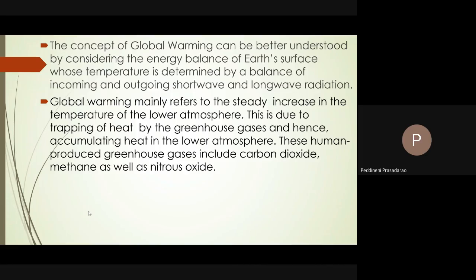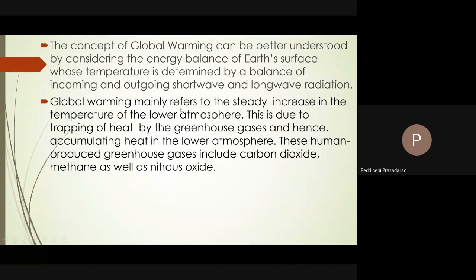Once you know the reasons, you can think of strategies to reduce or mitigate global warming. That's why the energy balance of the universe is of utmost importance, as we try to understand what exactly is happening.